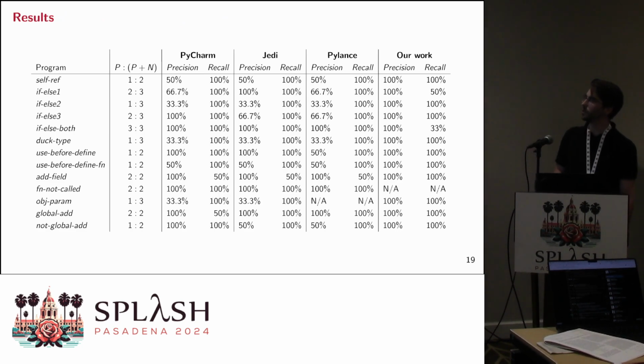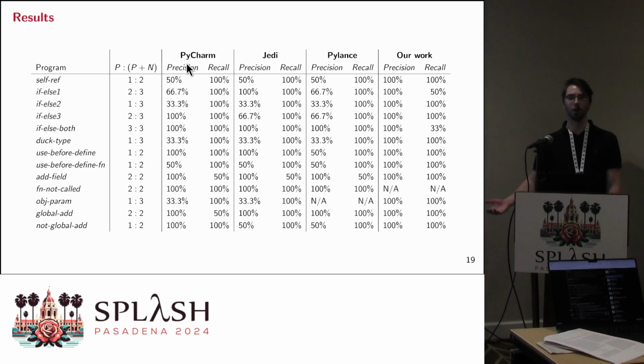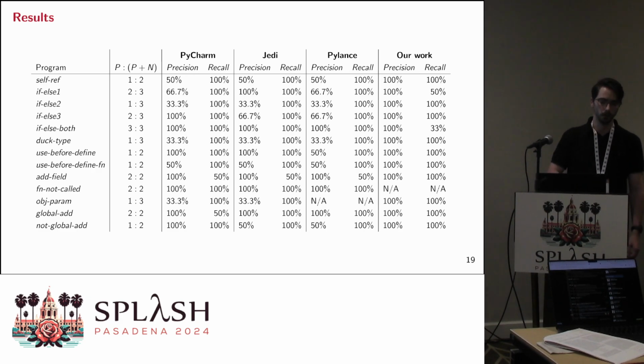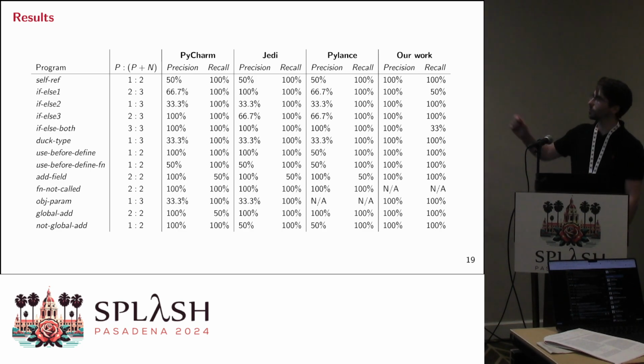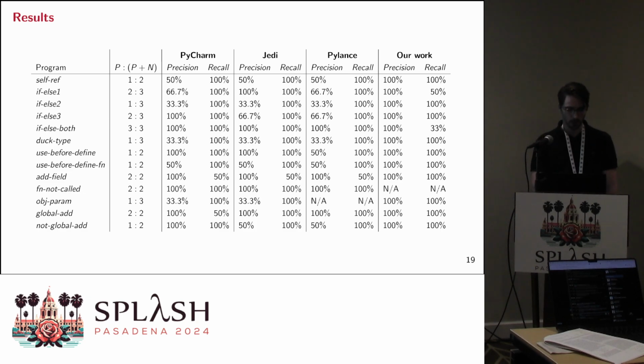I will go in depth on several programs. The main thing I want to highlight here is that we report the results in a precision recall pair. A sound approach would have 100% precision, and a complete approach would have 100% recall. Now, it doesn't mean that if some approach has 100% precision, it's sound, but it gives an idea.